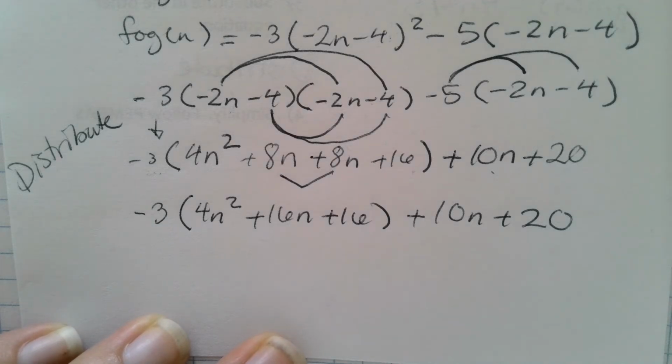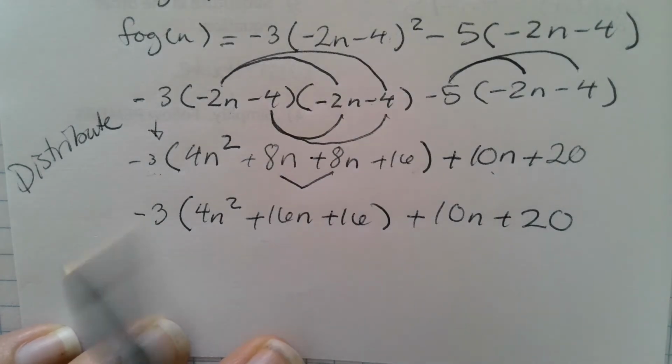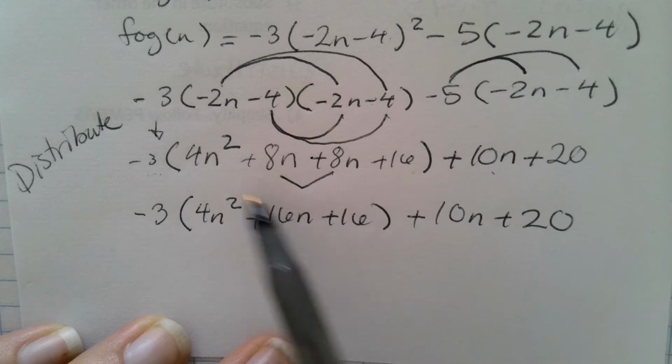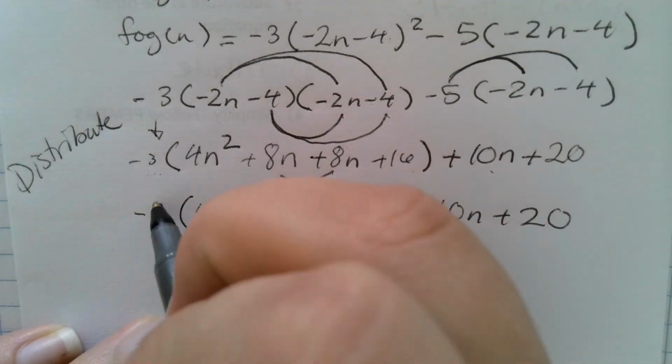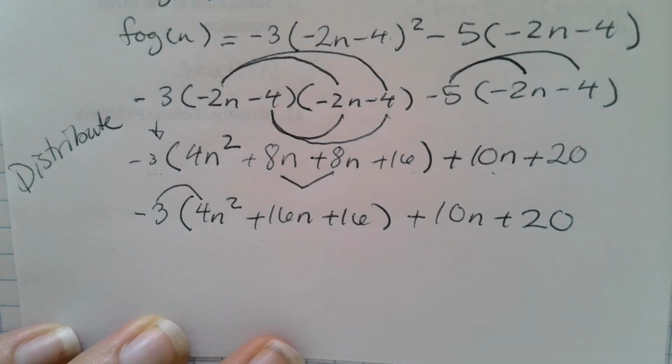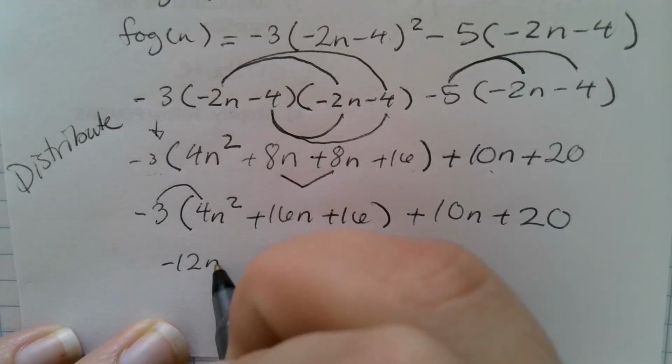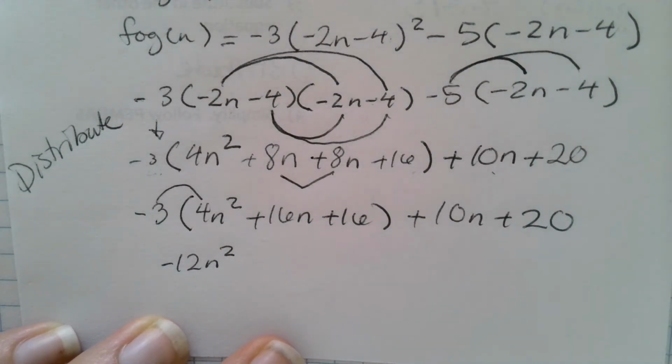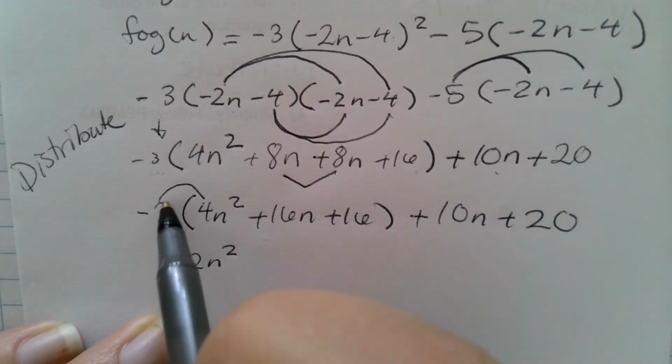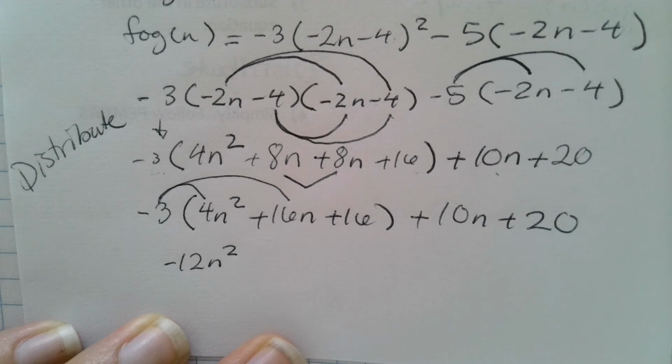Daniel V, what's it called when I have a number in front of the parentheses? What do I need to do? Distribute. Good. Daniel, can you help me with negative 3 times 4n squared? Negative 12n squared. Good. Francisco, negative 3 times 16n. Do you know what negative 3 times 16 is?